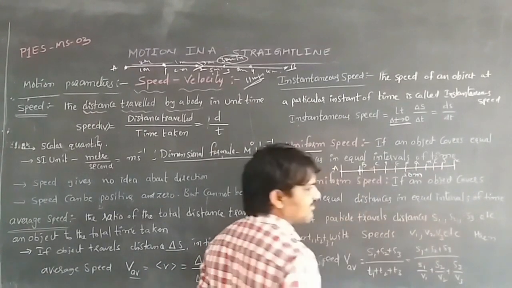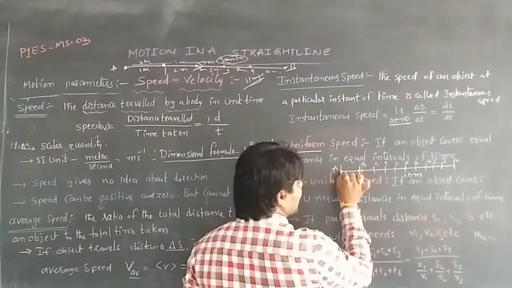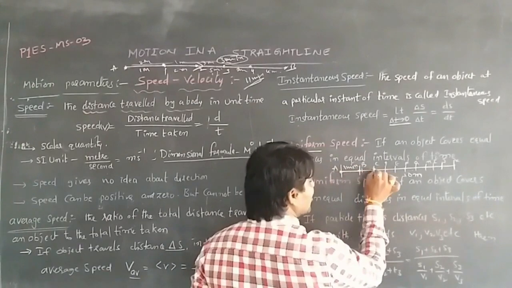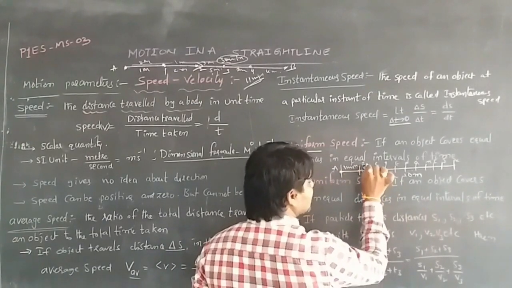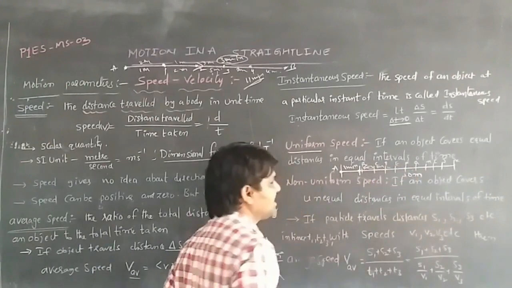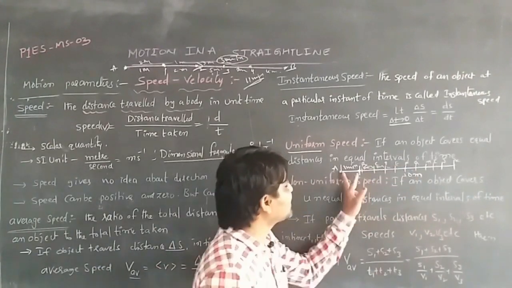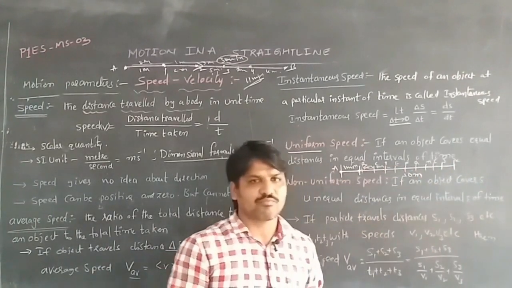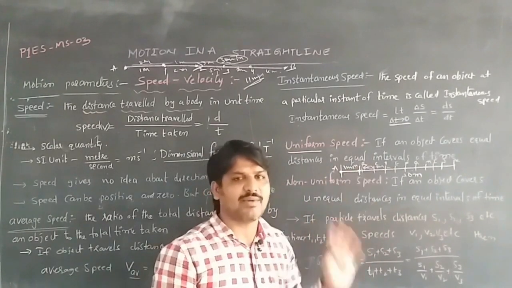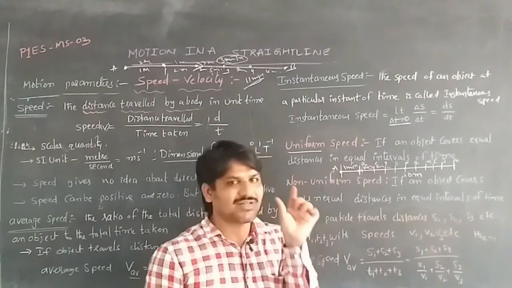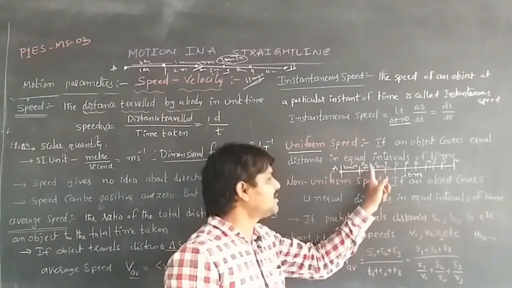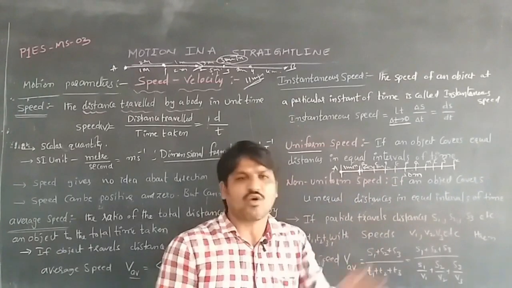When the body travels from A to B it takes 1 minute, then the second distance also takes 1 minute, the third distance also 1 minute, the fourth also 1 minute. That means equal distances are traveled by an object in equal intervals of time, 1 minute, 1 minute, 1 minute for 1 meter, 1 meter, 1 meter, or 2 meters, 2 meters, whatever the distance is.